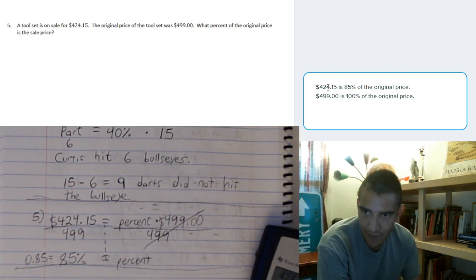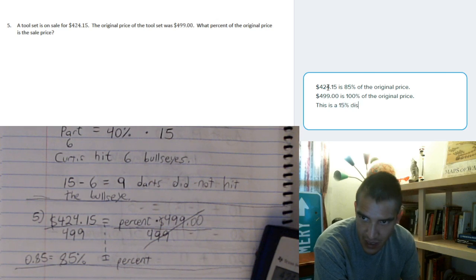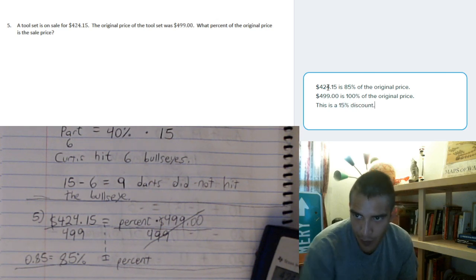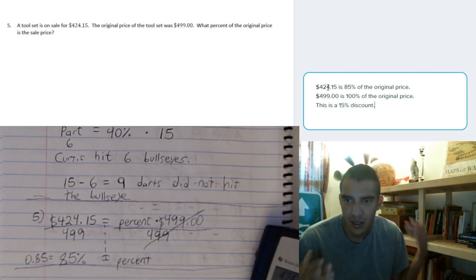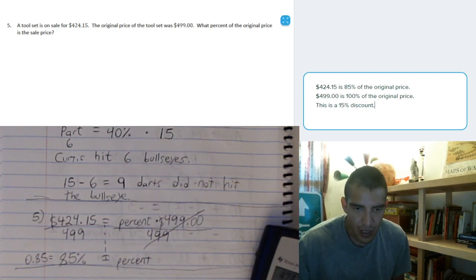We can also write that. This is a 15% discount, because if you're only paying 85%, that means you got a 15% discount. Go ahead and pause the slide, copy my work, and copy my response if needed. Moving on.